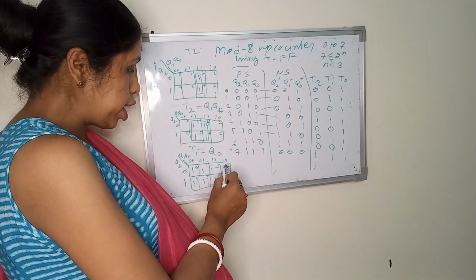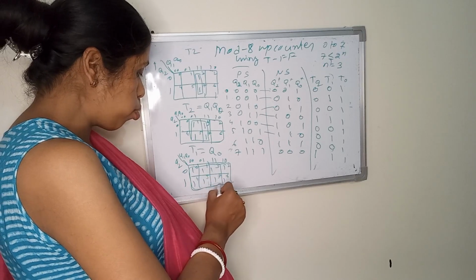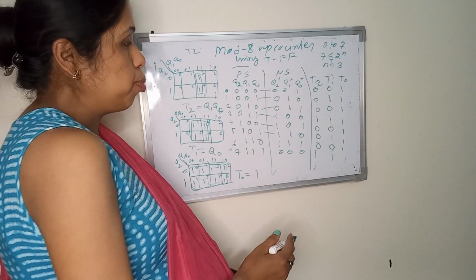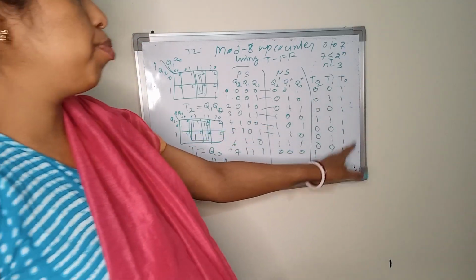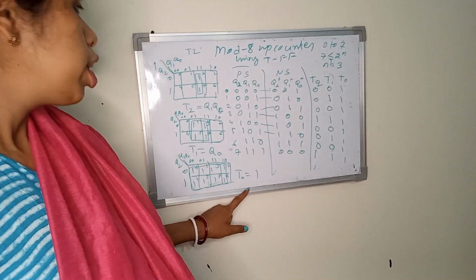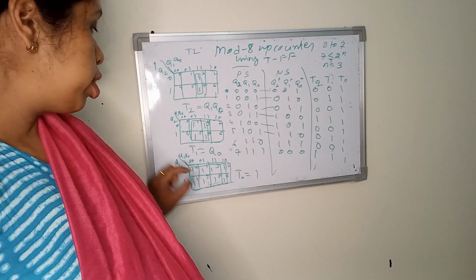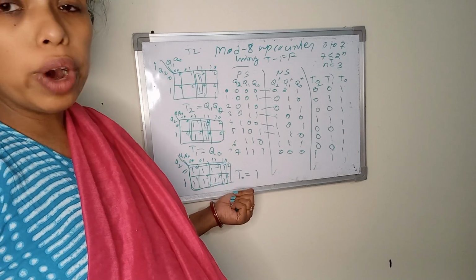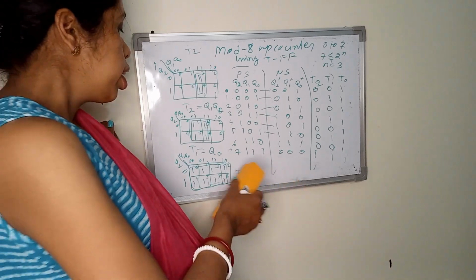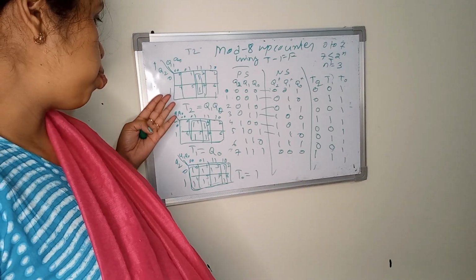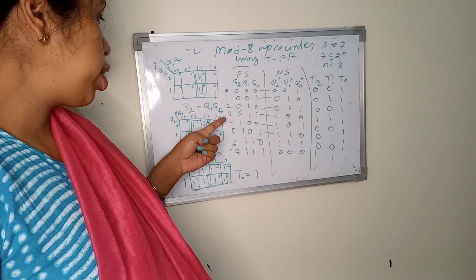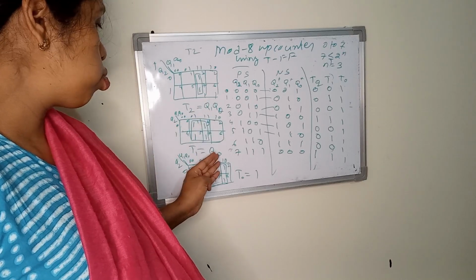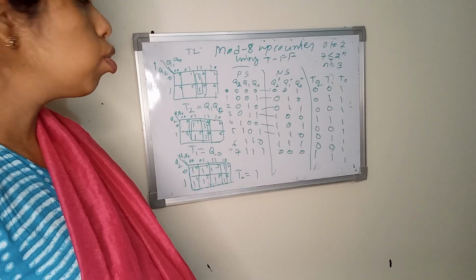If you see all are 1 in the K-map, that means the entire T0 will be 1, because all the variables are 1. So in a K-map, if you fill the entire K-map with 1, the output will be 1 only. So I got the three relationships. T2 is equal to Q1 Q0, T1 is equal to Q0, and T0 is equal to 1.